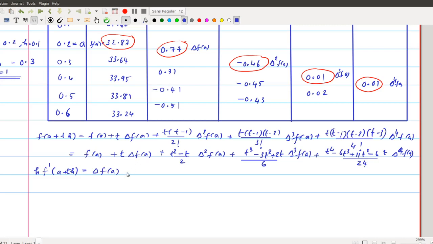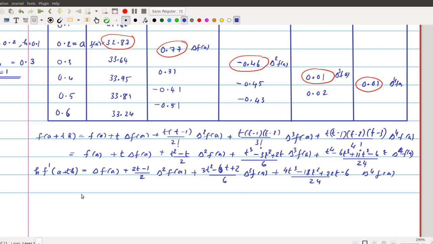From this you can write del f of a, and the next term will be 2t minus 1 divided by 2 del square f of a, plus 3t square minus 6t plus 2 divided by 6 del cube f of a. The last term will be 4t cube minus 18t square plus 22t minus 6 divided by 24 del raised to 4 f of a.